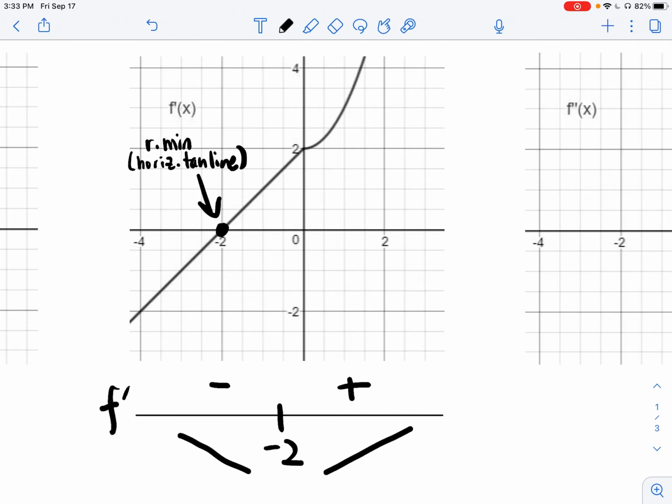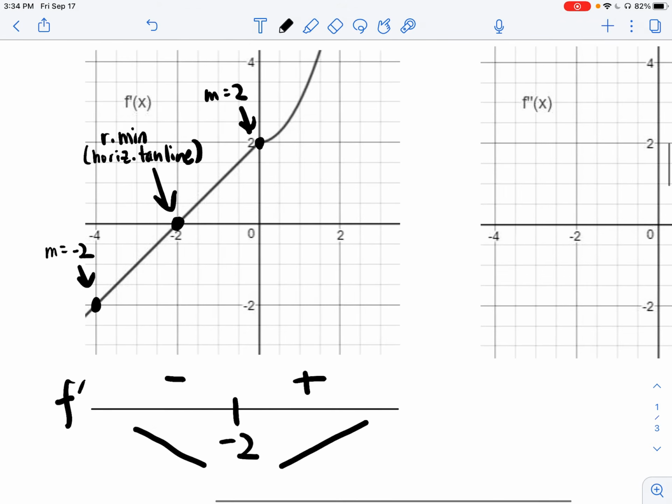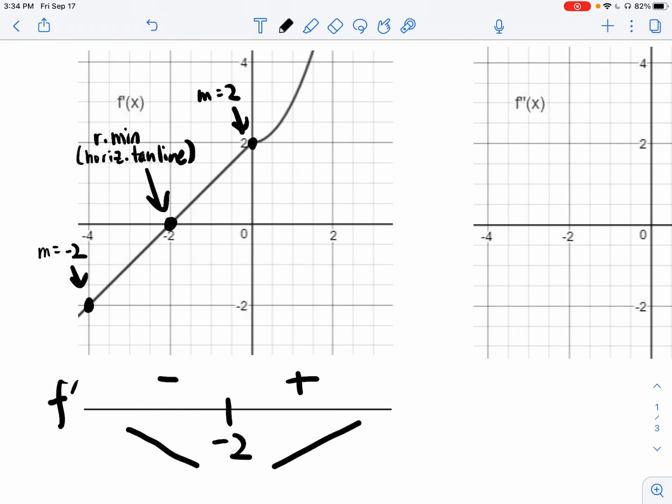What else do we know? When x is equal to -4, the slope of our function is going to be -2. When x is equal to 0, the slope of our function is going to be +2. We'll come back to all this, and we're going to use all this information to sketch our f of x in a moment.